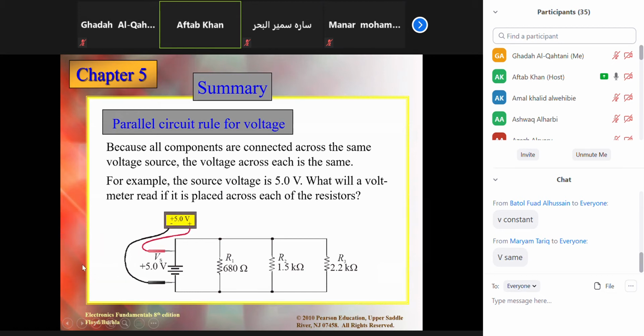When I put a voltmeter here, you must know how to connect it: the voltmeter should be connected in parallel. One end is connected there, and the other end is here. Red is positive and black is negative. V is 5 volts, and the voltmeter gives a reading of 5 volts.